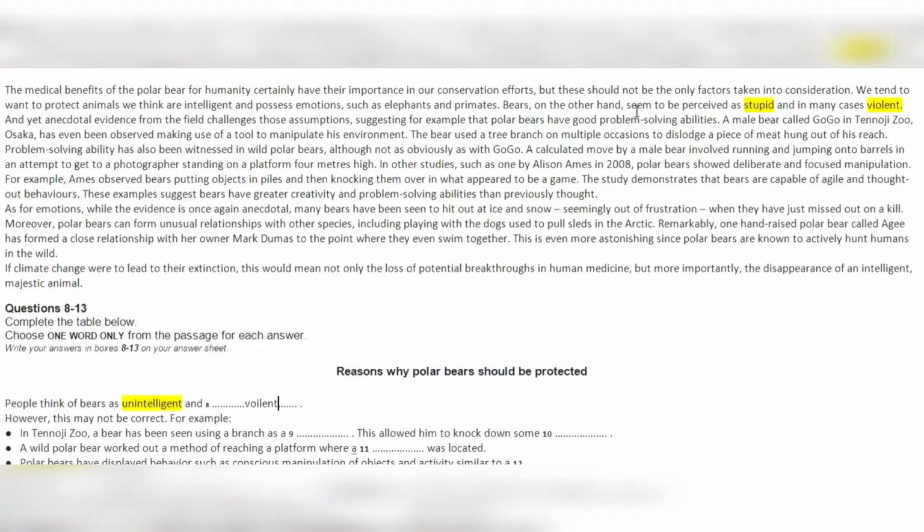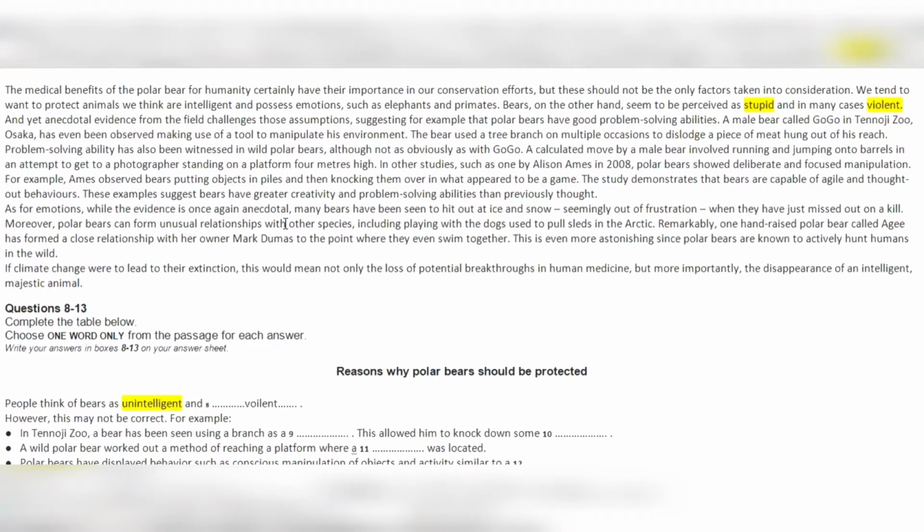Seem to be perceived means people think of bears as unintelligent, as stupid, and in many cases violent. So we only write the word violent, because we cannot write more than one word. So the answer is violent. I think you will understand.